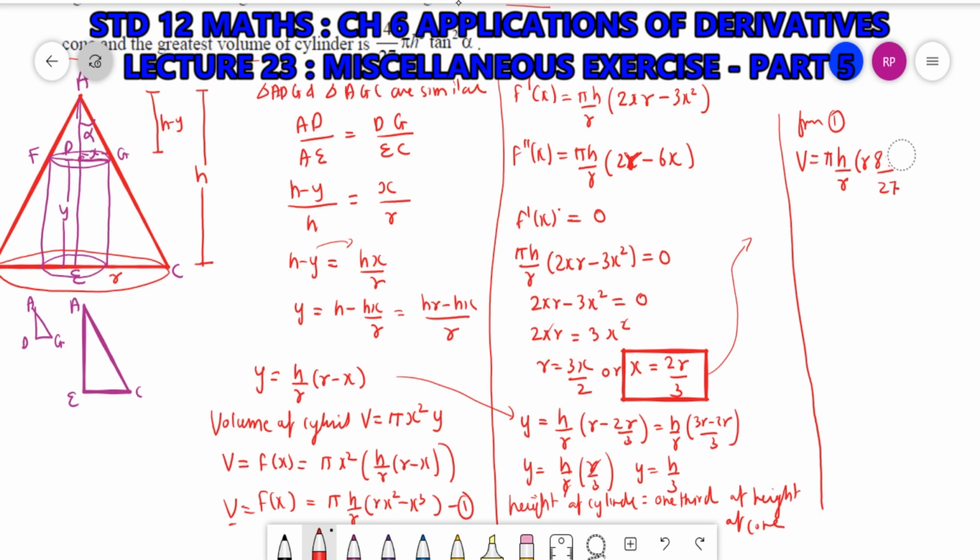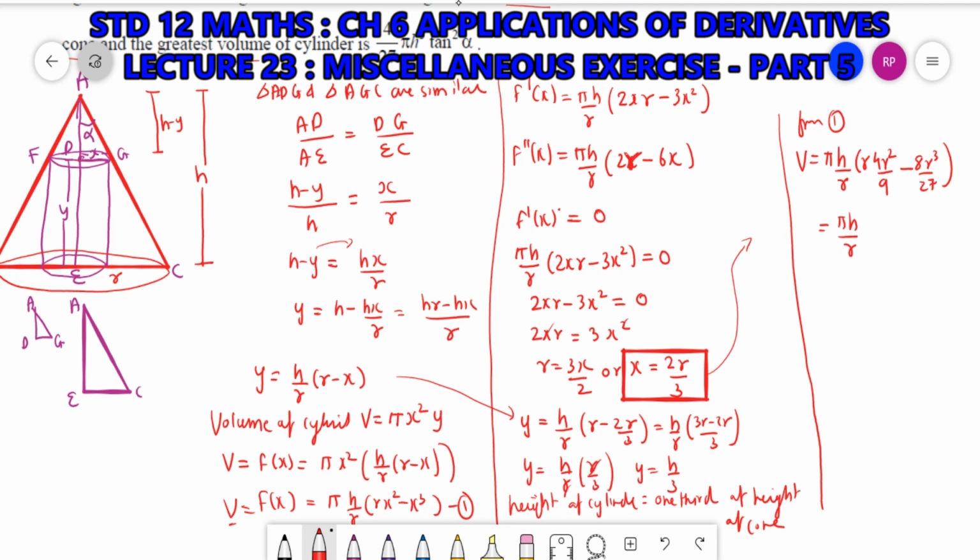Sorry, it's x square, not x cube. It's r x square, and we will use this value of x. So r into x square, that is 2r by 3 square, 4r square by 9, minus x cube, that is 8r cube by 27.